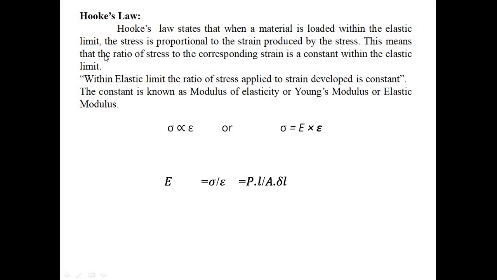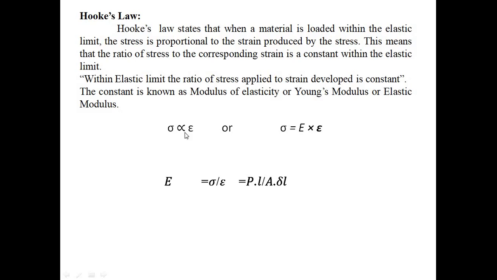This means the ratio of stress to the corresponding strain is a constant within the elastic limit only. It is not constant beyond the elastic limit. Within the elastic limit, the ratio of stress applied to strain developed is constant. The constant is known as modulus of elasticity, Young's modulus, or elastic modulus.